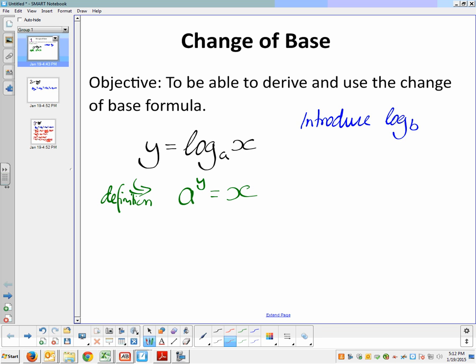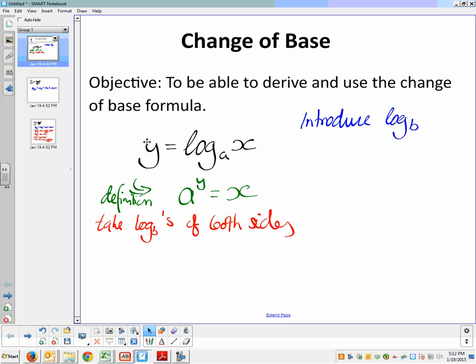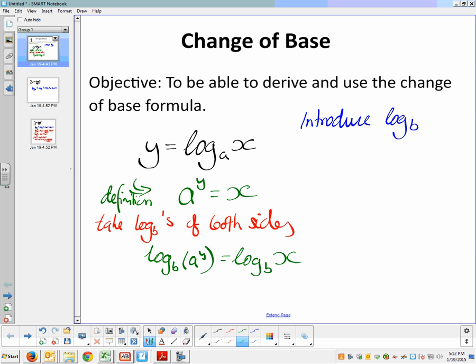And once I've got that expression, I can introduce my logs by taking logs of base b of both sides. So take log base b of a to the y is equal to log base b of x.